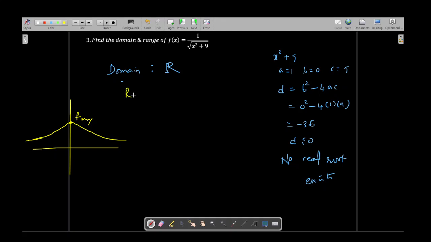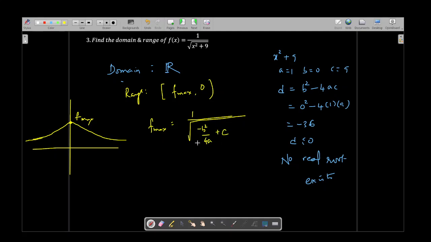So the range, what I say is, the range is f max to 0. What is this f max? f max is actually 1 by square root of minus b square by 4a plus c.